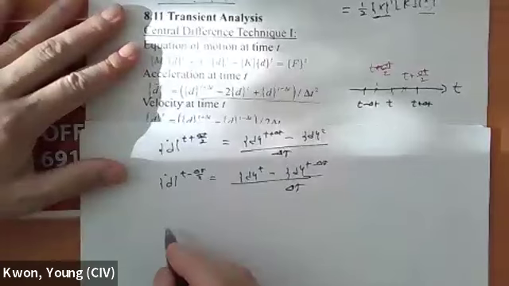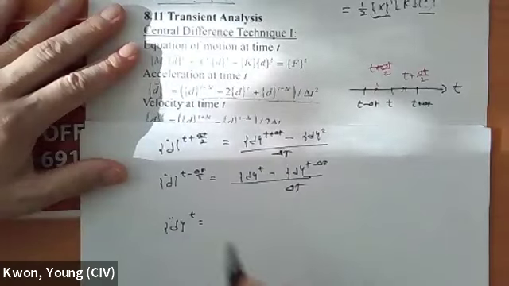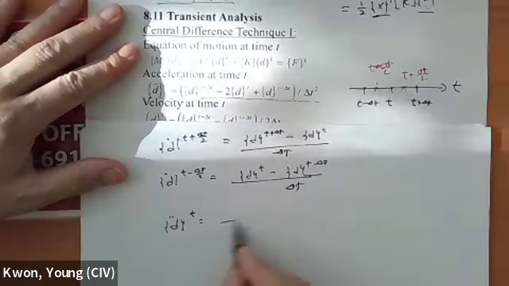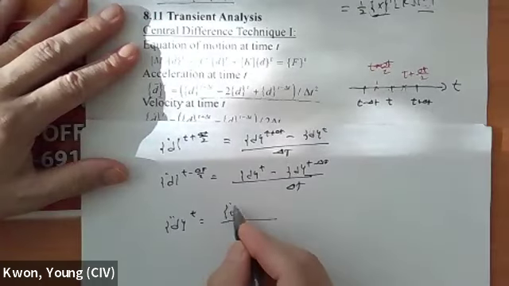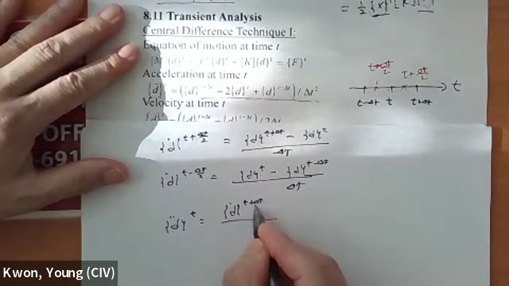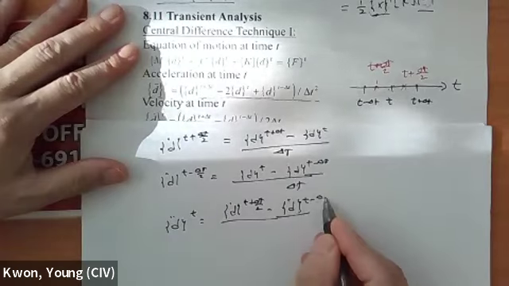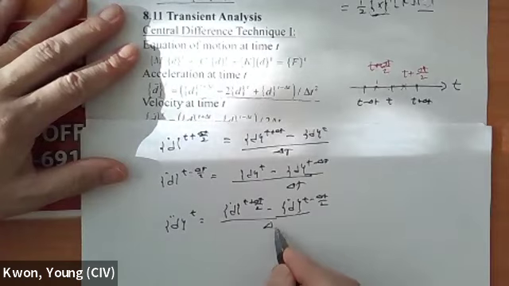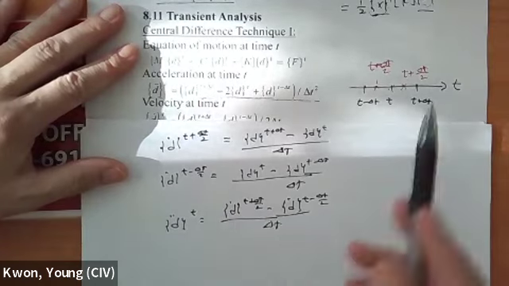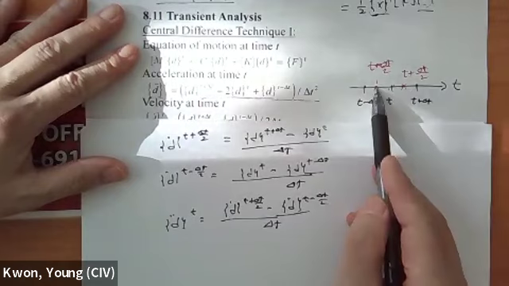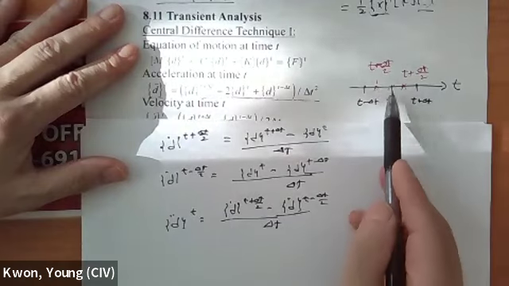Then what about acceleration at t here is d dot (t plus delta t over 2) minus velocity (t minus delta t over 2) divided by delta t, right? This velocity minus that velocity divided by delta t is equal to acceleration here.